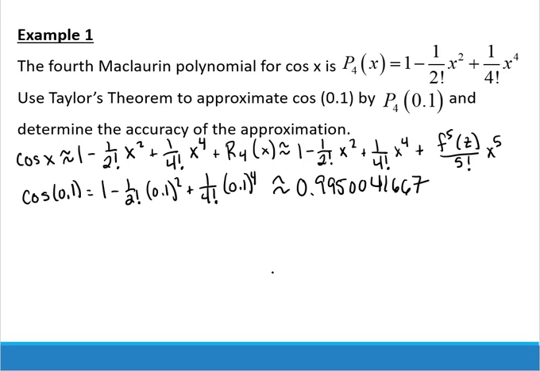So we know that our remainder is going to be somewhere between 0 and, remember, the remainder is given by the fifth derivative. The fifth derivative of cosine is technically negative sine, but we look at the absolute value of that.